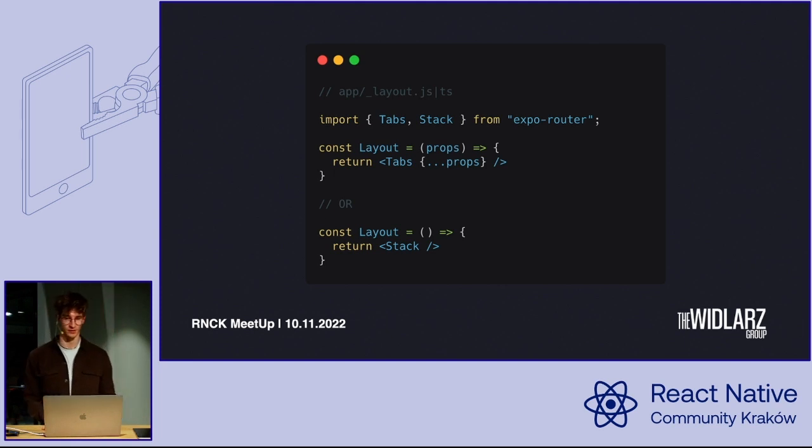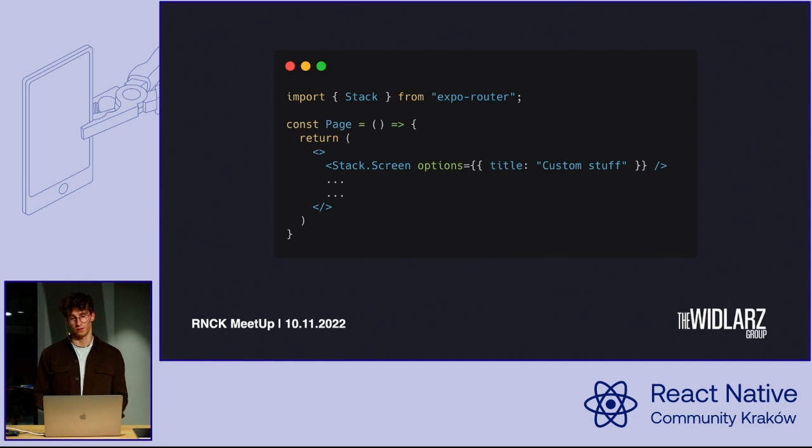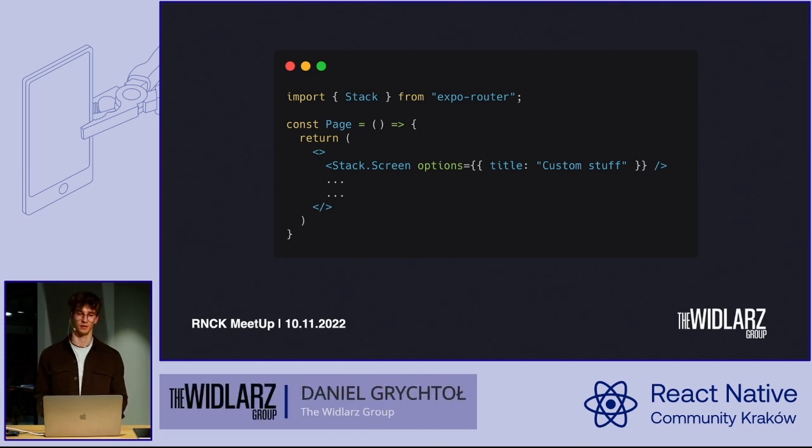It works basically the same way. If you used React Navigation, you could just put some props and set up the stack navigator. The same you can do with Expo-Router. You can also override settings of certain screens, only in a single screen inside a stack navigator, for example. All you have to do is import the stack component from Expo-Router and just inject it somewhere in your screen.